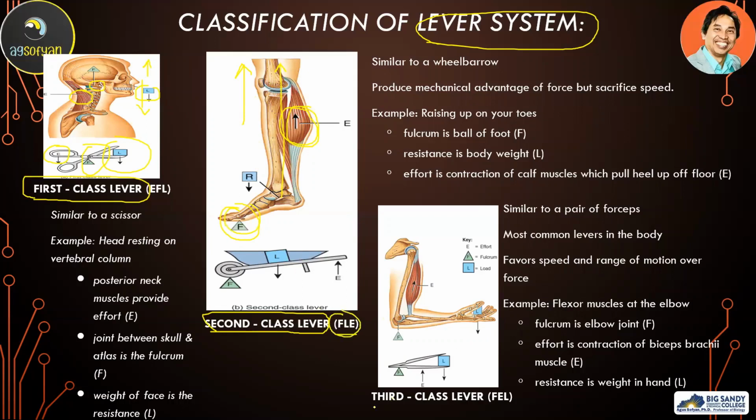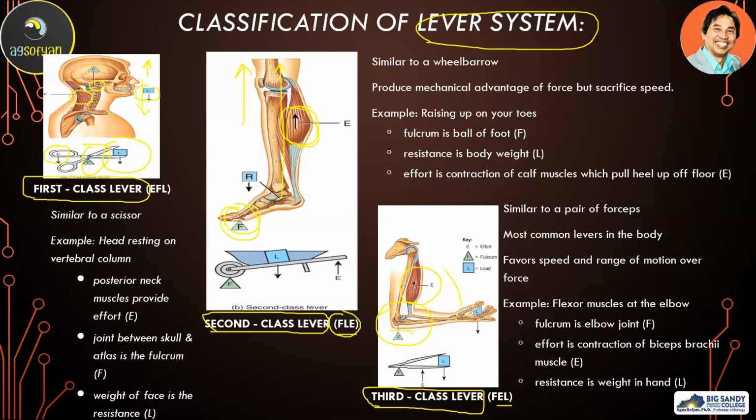And the third one is called the third class lever. This is FEL. So the fulcrum comes first. For example, this is the elbow joint, and the effort is in the middle, which is the bicep muscles over here. When the biceps contract, what happens?